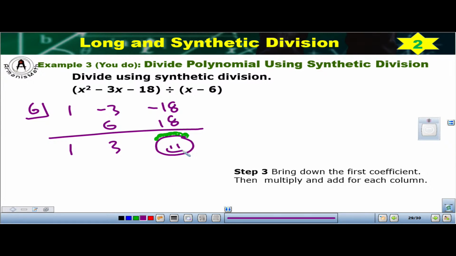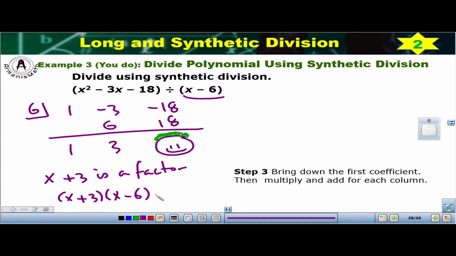Okay. And if that is true, then look what's going to happen. If we start with x squared, you're going to end up with x. So x plus 3 is a factor. You also have the divisor as a factor. So basically, you could put this together. X plus 3, x minus 6 are factors of what?